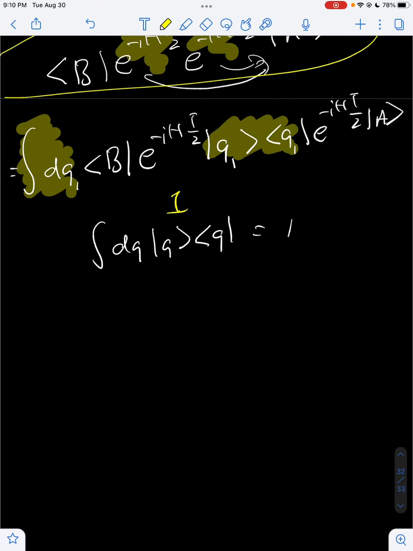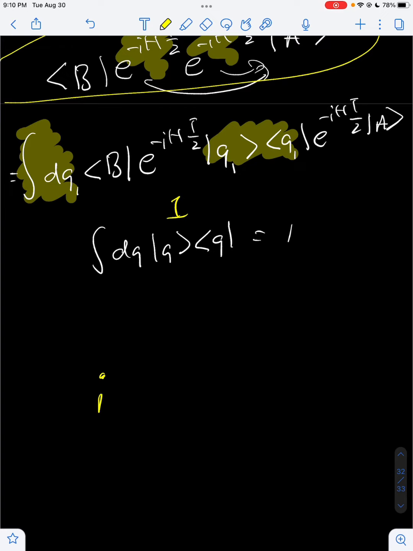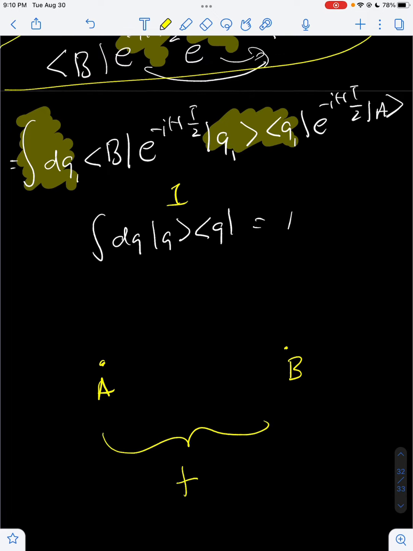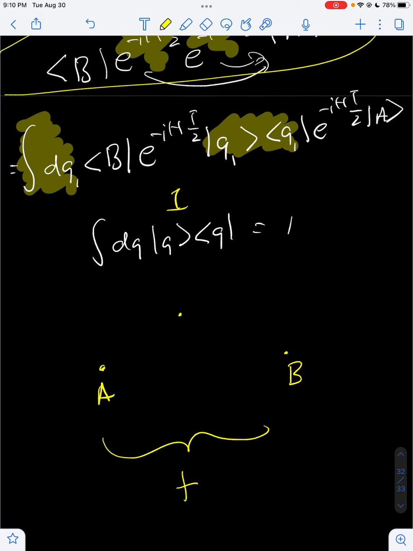Well, here we are basically saying that the probability that the particle goes from A to B in time t is the probability that it goes from A to Q1 in time t over 2, multiplied by the probability that it goes from Q1 to B in time t over 2.